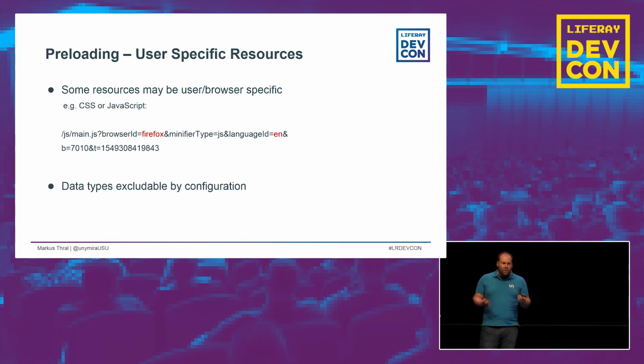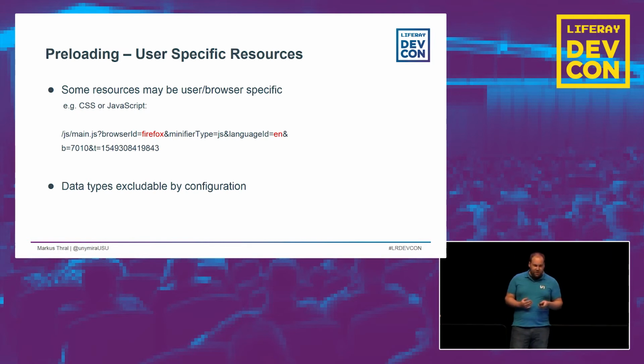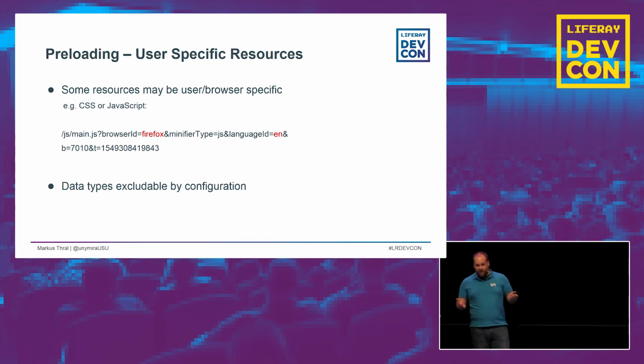And if we have a user whose language is German and uses the browser Chrome, it would be the wrong decision to preload those files. So special data types, for example JavaScript or CSS files, are excludable by configuration and can be not preloaded.